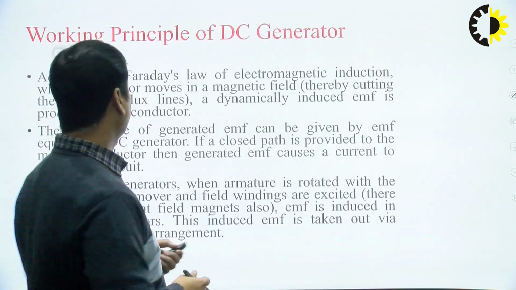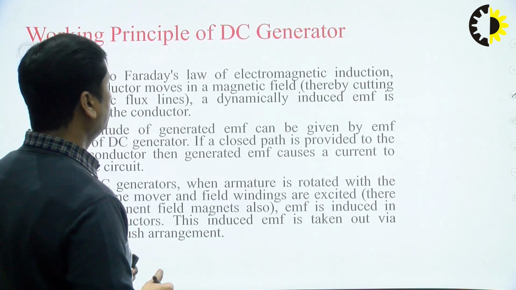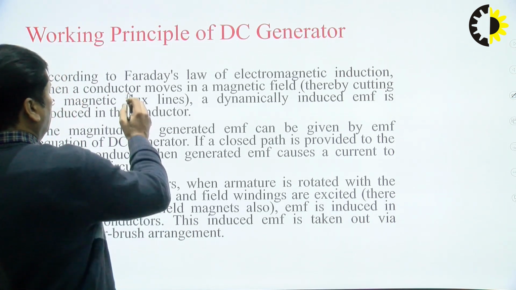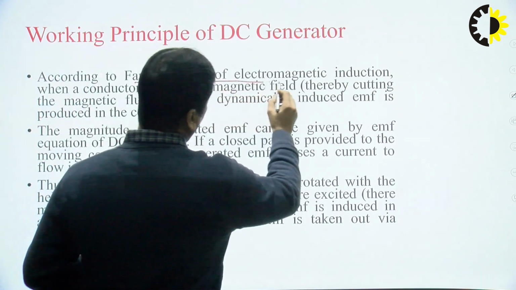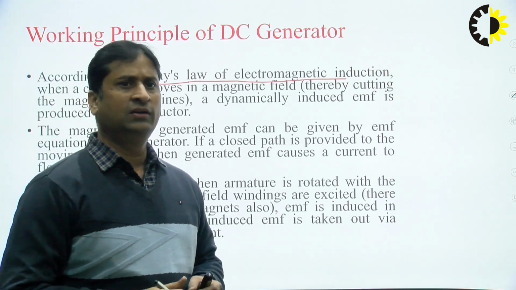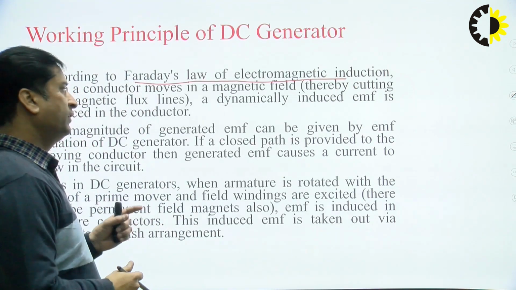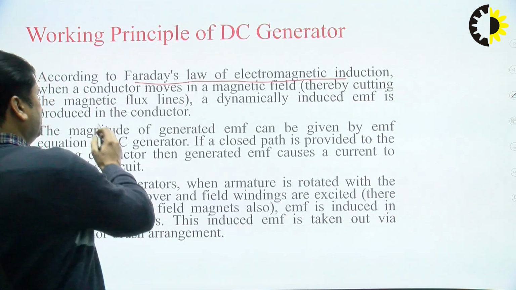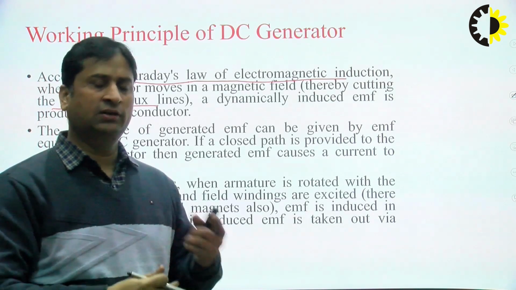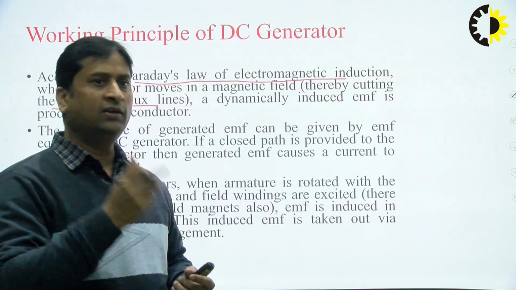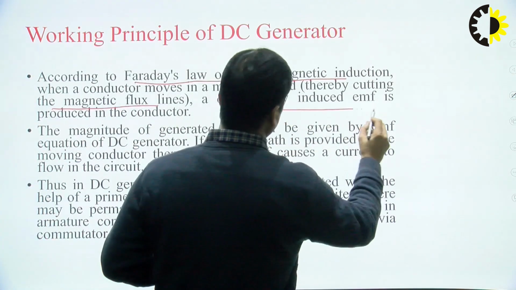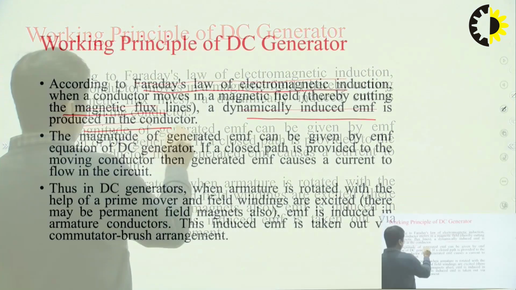If we are talking about the working principle of DC generator, it is well known that according to the Faraday law of electromagnetic induction, when the conductor moves in the magnetic field, or you can simply say cutting the flux, or rotates in a field, it will cut the flux, and a dynamic induced EMF is produced in the conductor.